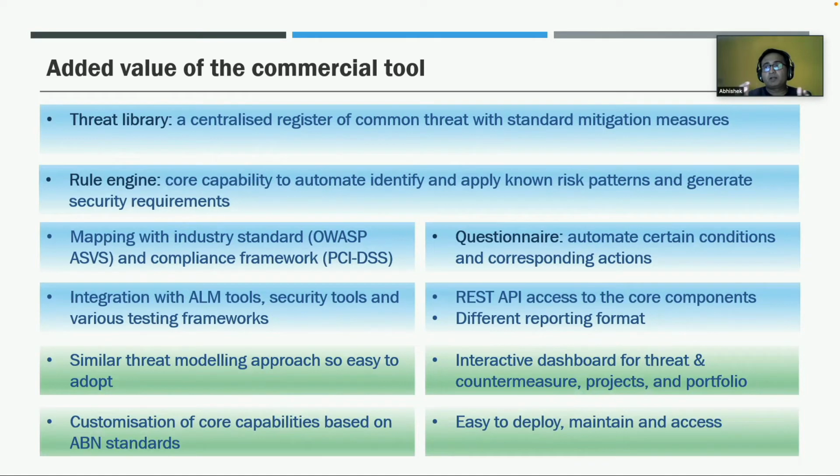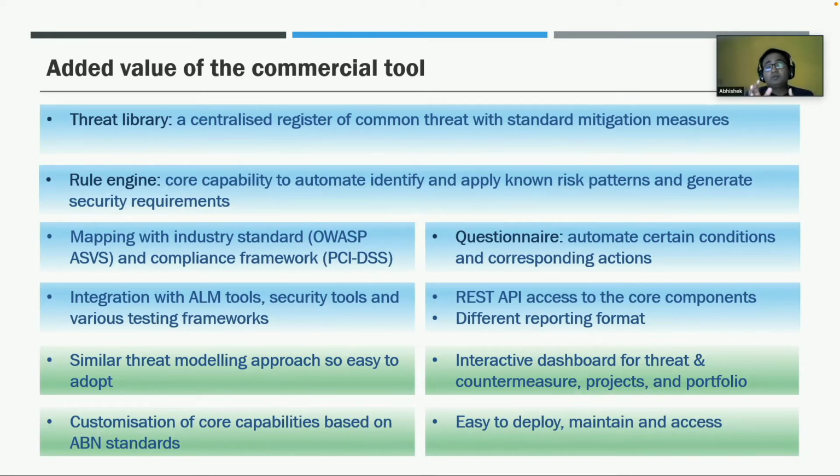If they are developing a system where they are dealing with credit card data or payment-like stuff, then PCI DSS is the framework which they would like to comply with. And based on their threat model in the tool, they can identify, okay, these are the countermeasures which I have to implement to comply with this particular standard.